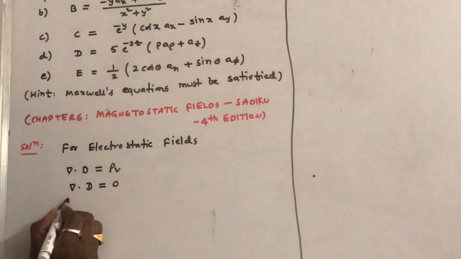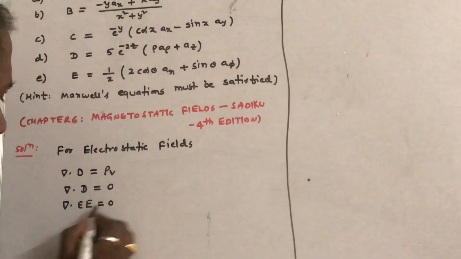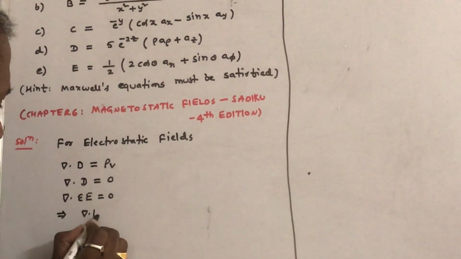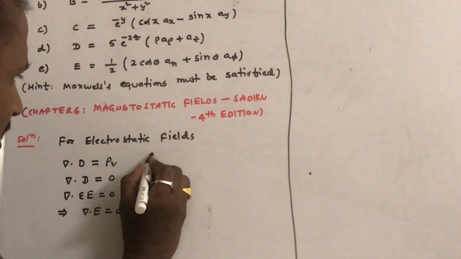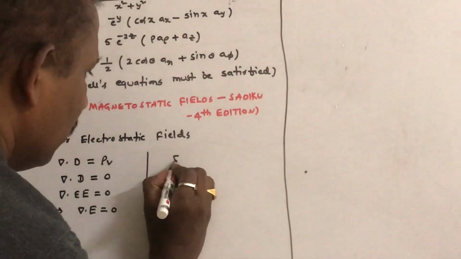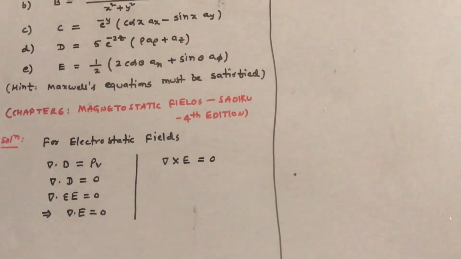If you write del dot epsilon E is equal to 0, you can make it del dot E, divergence of E, equal to 0. So this is the first one for electrostatic fields. One more equation we have is curl of E is equal to 0.